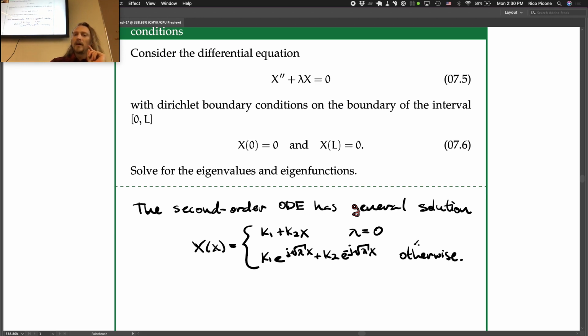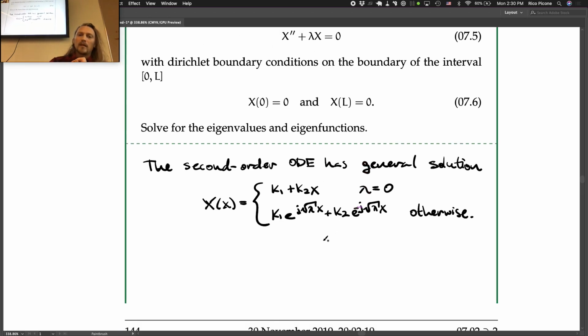So we don't have complex lambdas. They can be negative, 0, or positive, however. So in the case that they're negative or positive, we have this solution. In the case that they are 0, we have this solution. And this is the general solution.